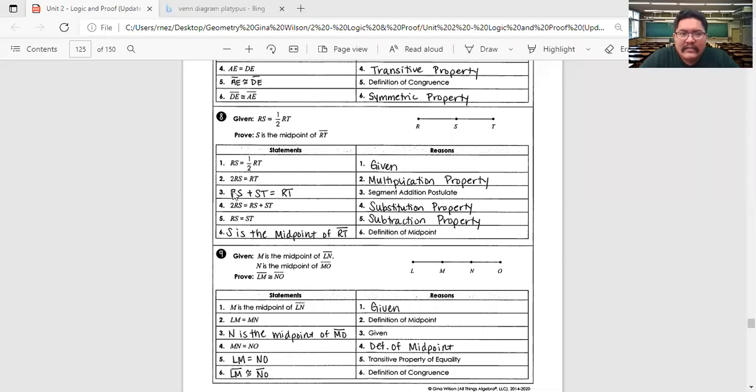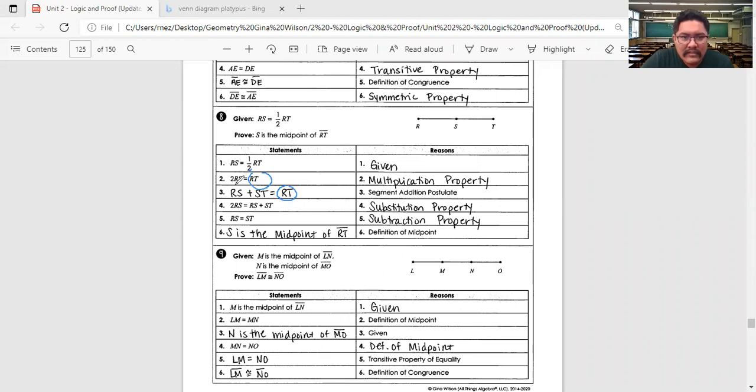And that's exactly what they're saying. They're saying that RS and ST, put them together, that would make RT. That's the segment addition postulate. Add those two things together, and then you get the whole thing. Now, try to substitute it again. They're trying to get two things that would be the same overall. So it looks like they have RT here, RT here.